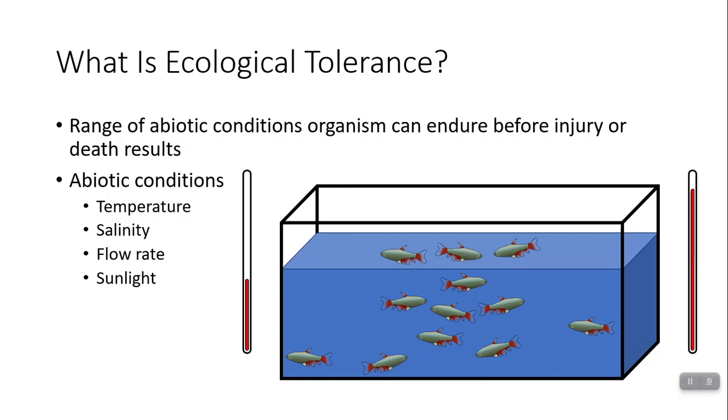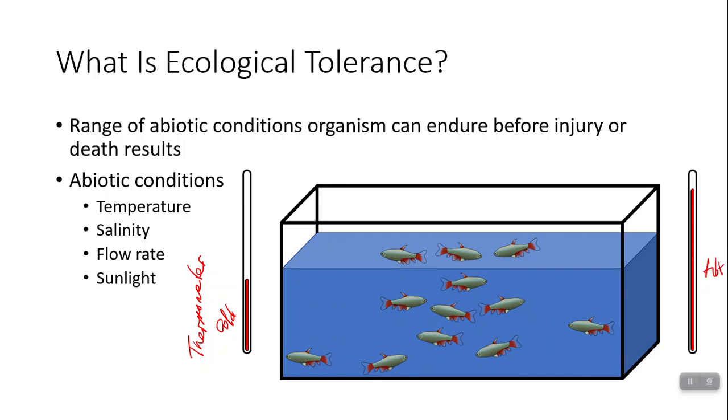I have a fish tank in this diagram, and this long tube with some red in it is supposed to represent a thermometer. The lower the red is, the cooler the temperature. So this is a cold temperature, and this over here is a hot temperature.